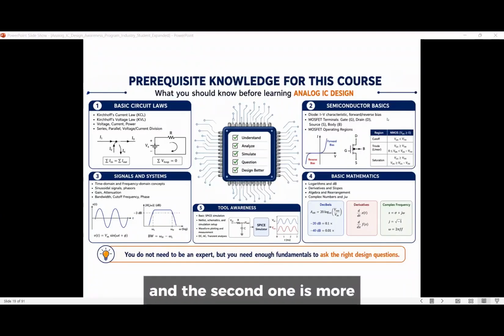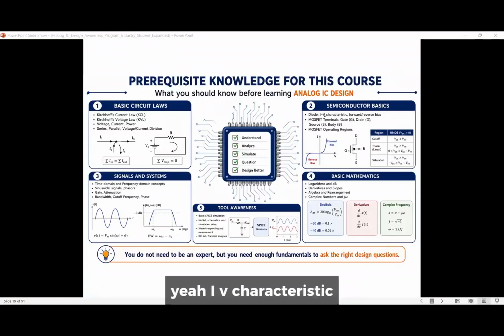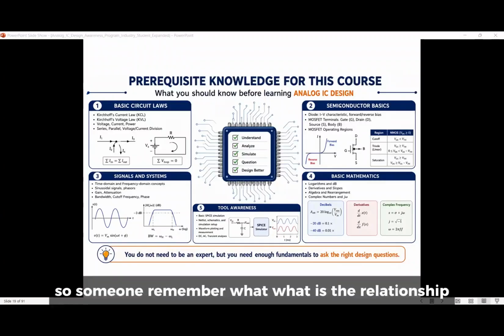The second topic is much more difficult for many students because it is related to physics. For the simple diode, we all know the diode, right? Its IV characteristic: does someone remember the relationship? It's an exponential relationship.